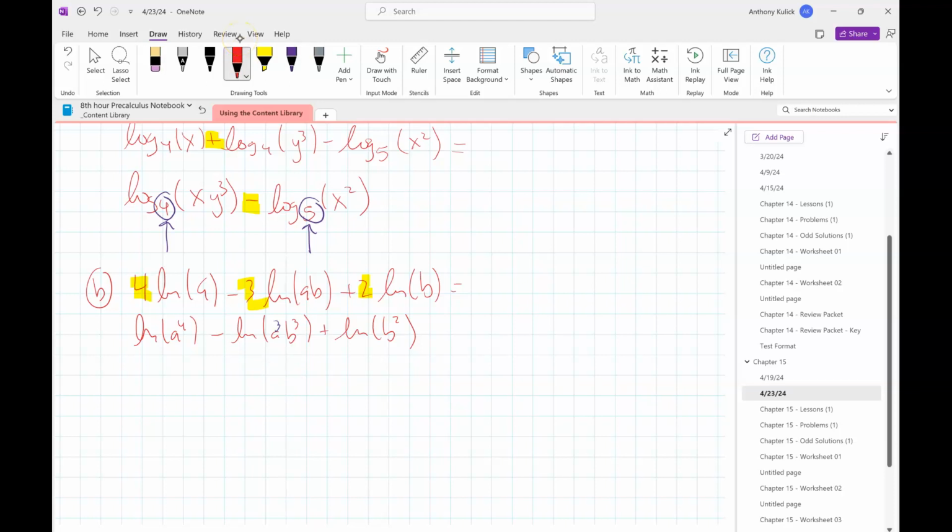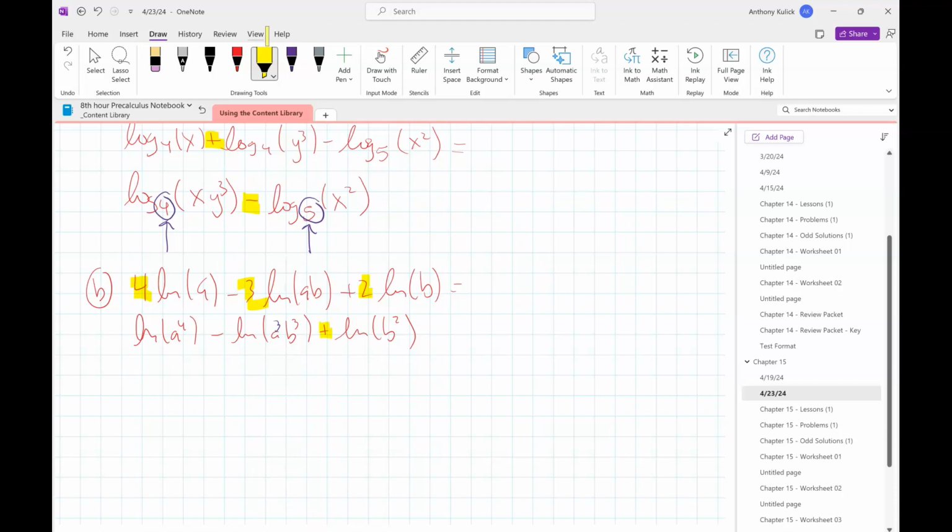Okay. The next step is I look for product properties. Do we see a product property here? This is another good question because this is something I guarantee we can make a mistake on again. Is there a product property? Yes, because I have the addition.